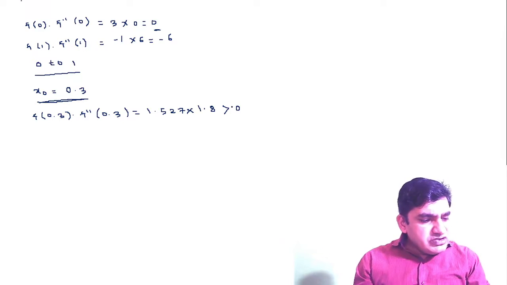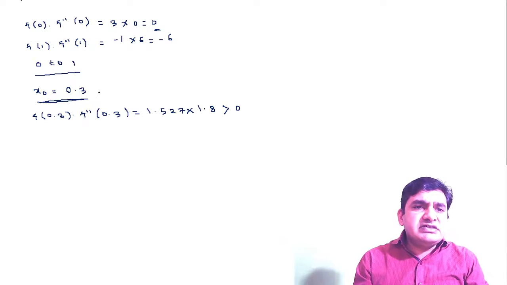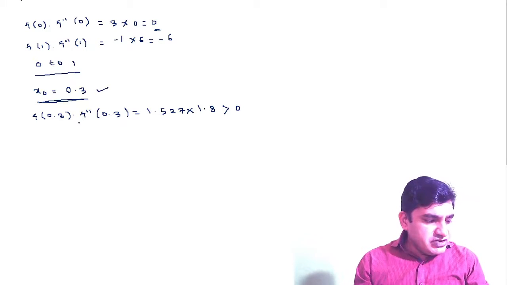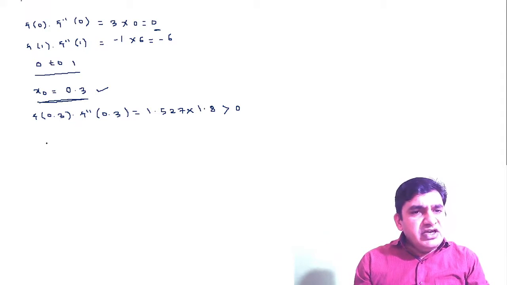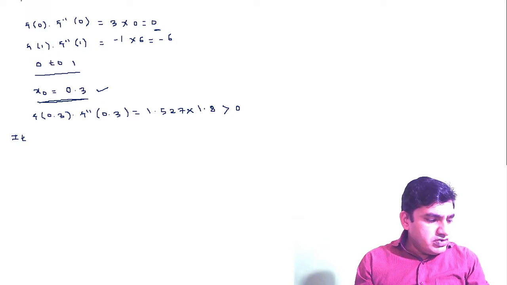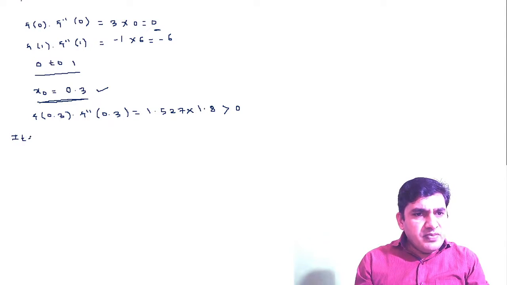So we consider this as the first approximation. Now for iteration number 1, we have to find the root up to iteration 4.